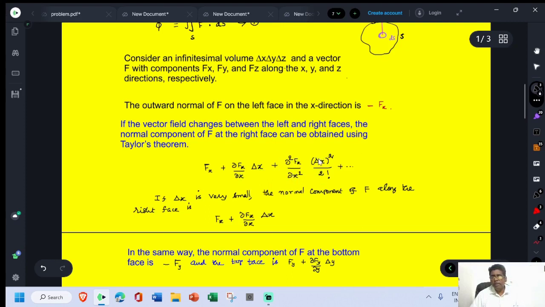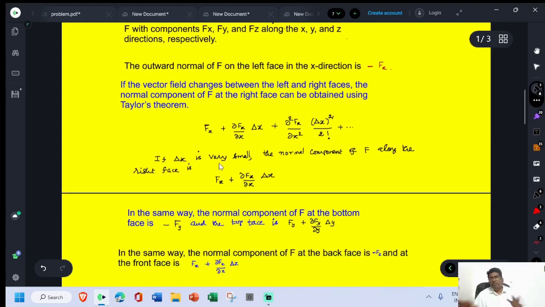Next term is plus ∂³fx/∂x³ into delta x cubed by 3 factorial. This series is going on. If delta x is very small, we neglect the higher order terms. Therefore, the normal component of f along the right face is fx plus ∂fx/∂x into delta x.